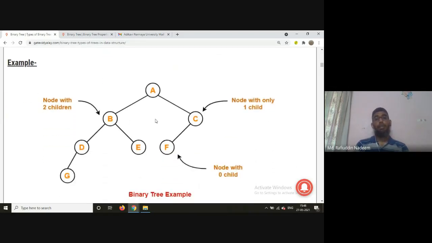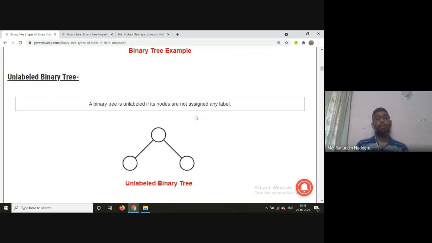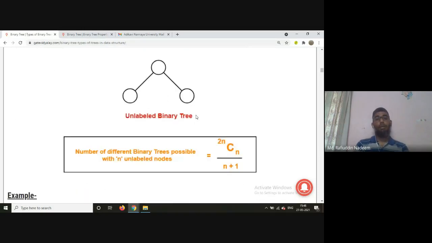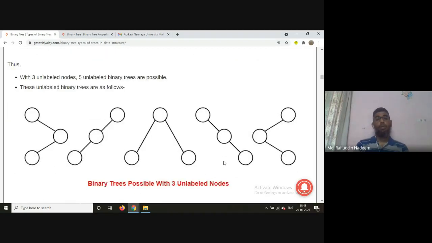In this particular tree, we have nodes with one child, two children, and zero children also. Then we discussed the unlabeled binary trees, where you can form 2n C n divided by n plus 1 different kinds of binary trees. We have seen all those forms here.